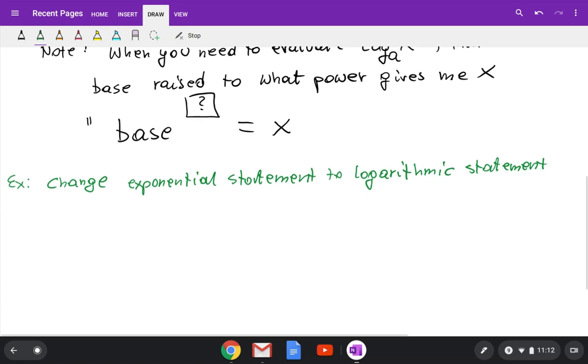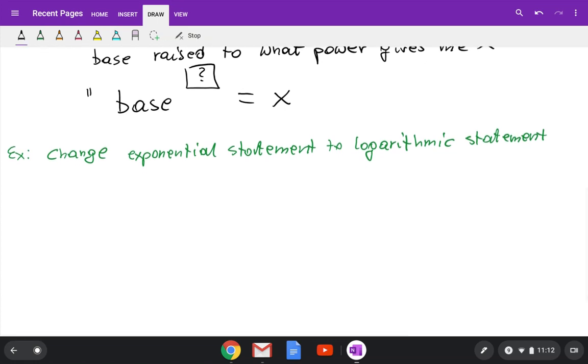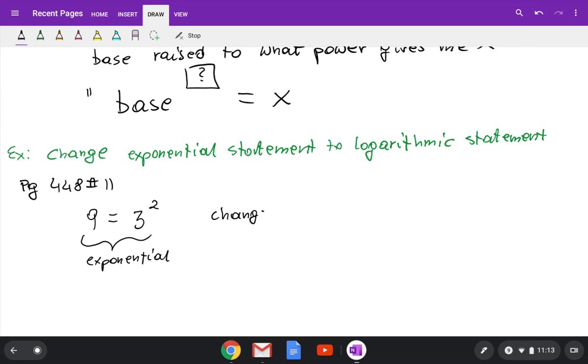I'm going to use the example from your textbook, page 448, number 11. We have 9 equal 3 to the second power. So this is exponential, and we need to change it to logarithmic.